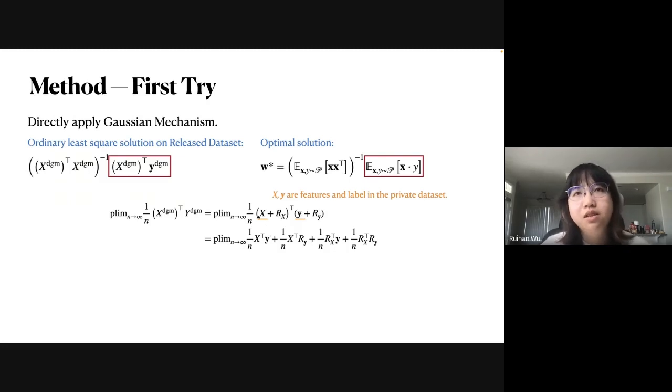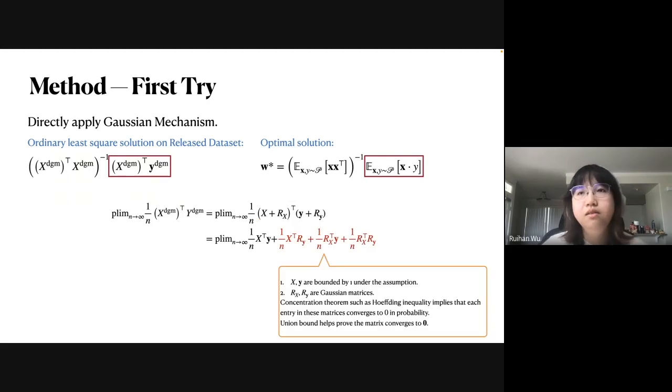Then we further decompose them into these four parts. For the last three terms, by assumption we know that x and y are bounded by 1, and Rx, Ry are Gaussian matrices whose variance is not related to n.